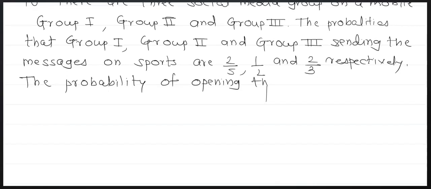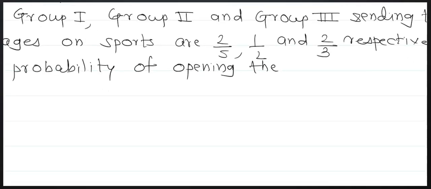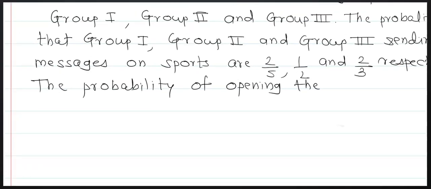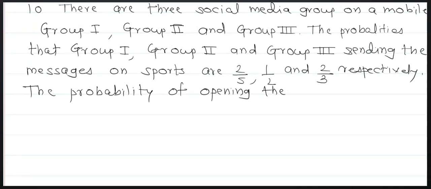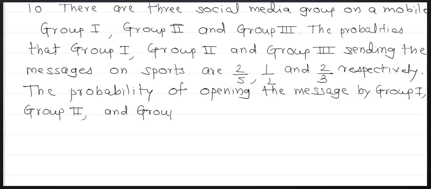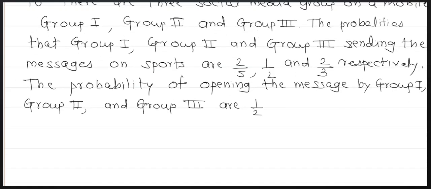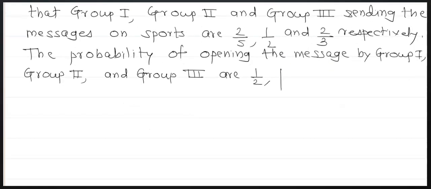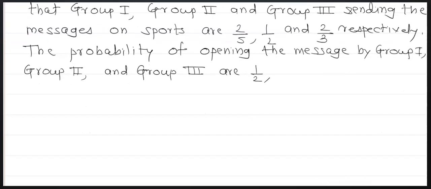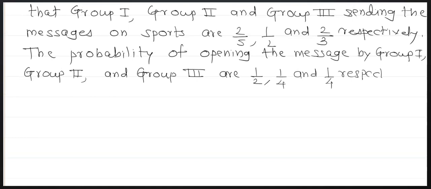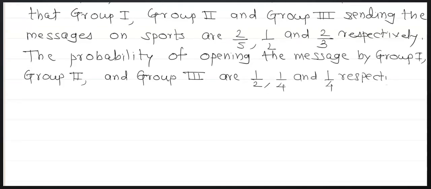The probabilities of opening the message by group 1, group 2 and group 3 are 1 upon 2, 1 by 4 and 1 by 4 respectively.